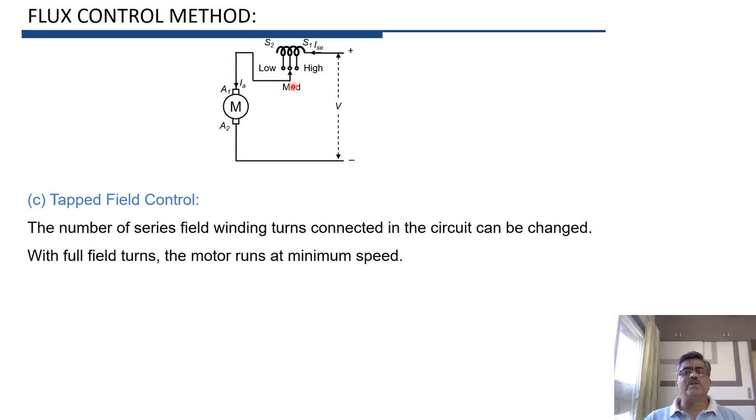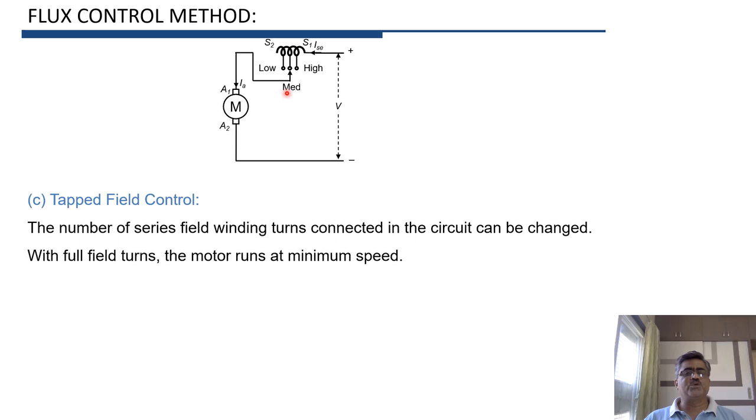So with full turns in series, that is with the switch in this first position, the number of field turns connected in series with the armature is maximum. As the number of turns of field winding is maximum, flux will be maximum and speed will be minimum, because N is inversely proportional to flux. Therefore, with the switch in this first position, the speed will be low.